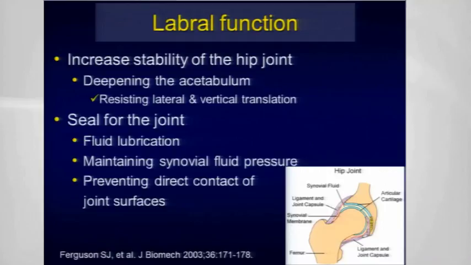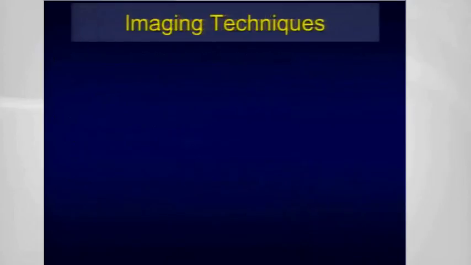The function of the labrum is thought to be to increase stability of the hip joint by deepening the acetabulum. Therefore, you get resistance of lateral and vertical translation. Also, it helps to seal the joint and therefore provide fluid lubrication and maintain synovial fluid pressure, as well as prevent direct contact of the two joint surfaces.